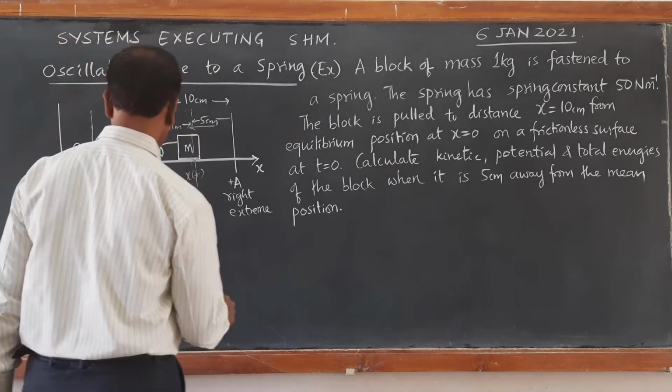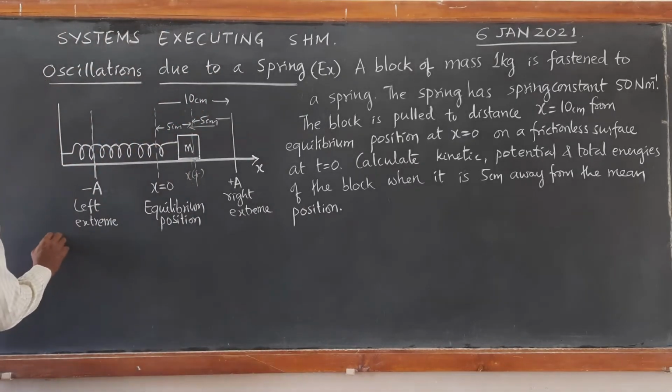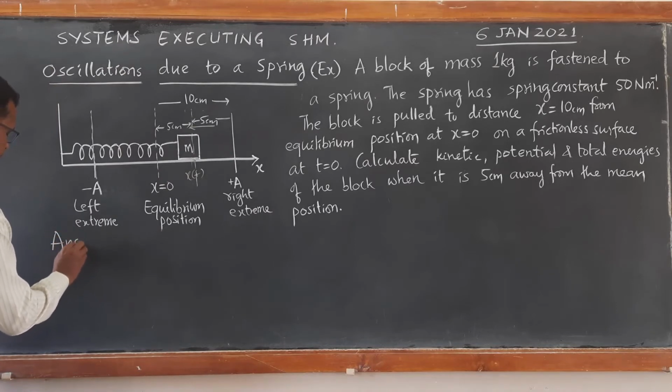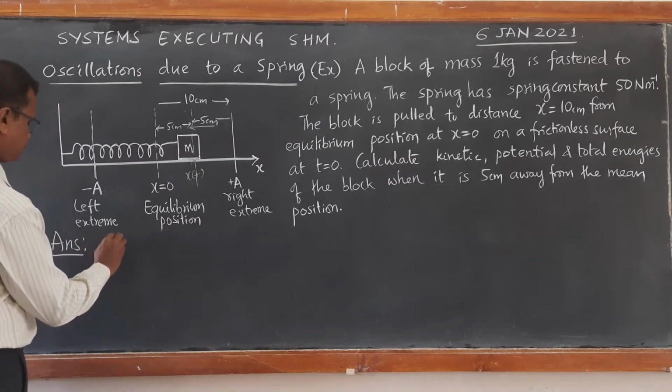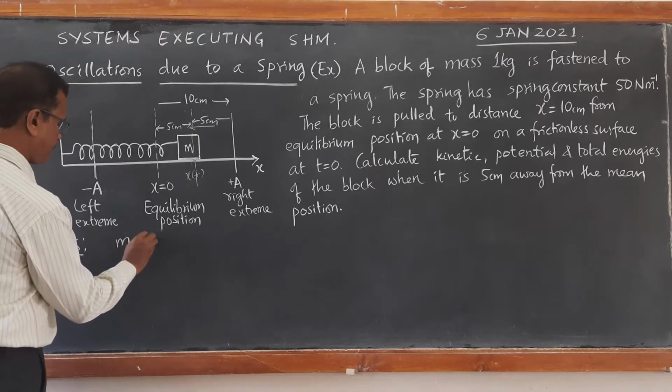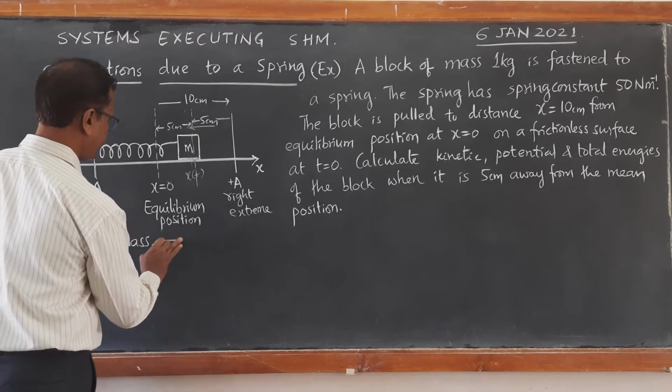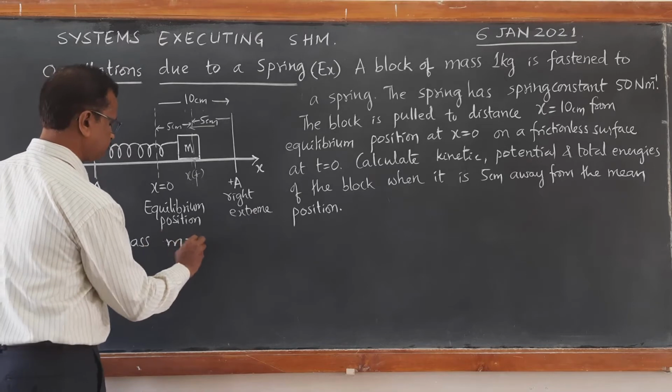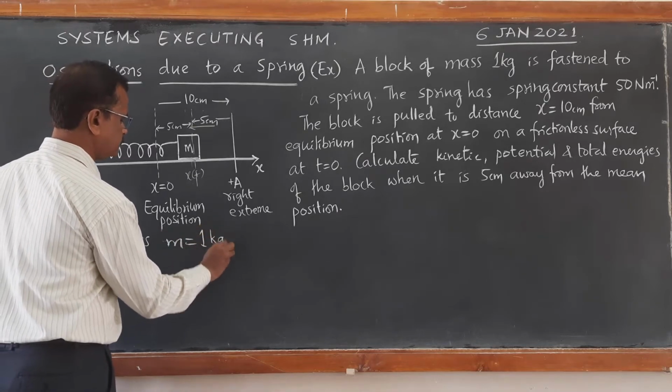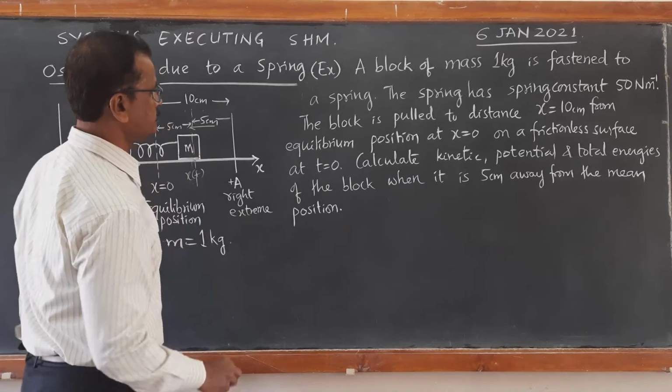So first we will write the answer. What are all the given things? Mass of the block M is equal to 1 kg.